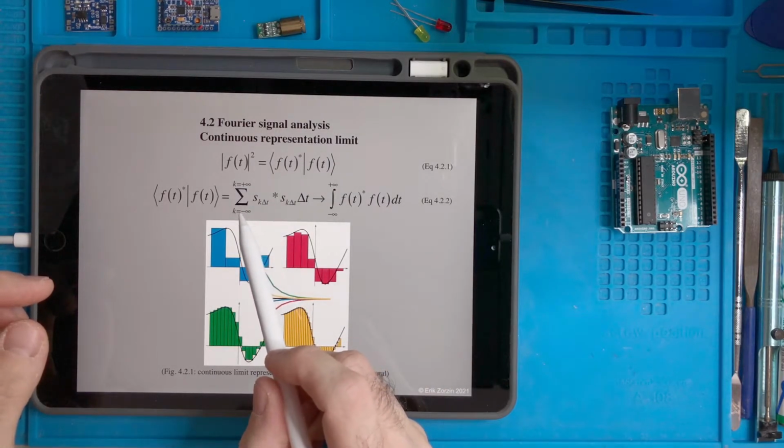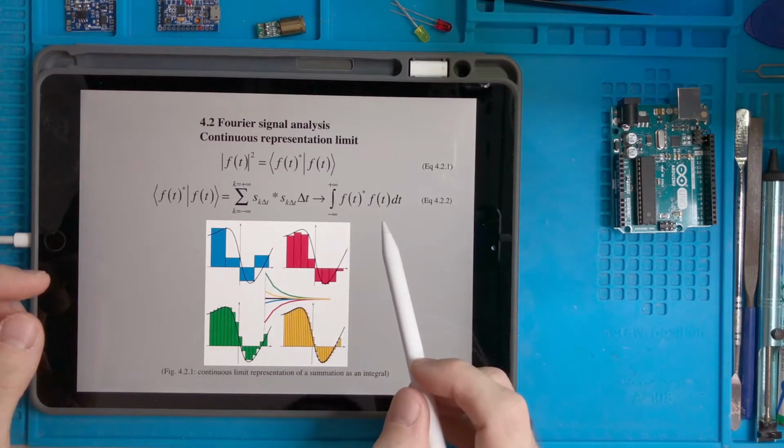So if we go to the continuous limit, this summation becomes an integral.